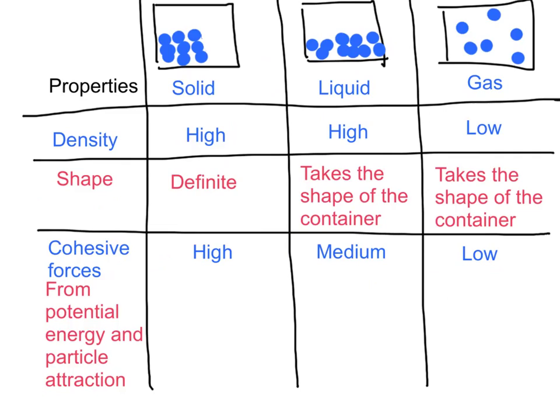They're together, they're close, they have some kind of potential energy and particle attraction. That's why they're not in the gaseous state. Gases, however, have very low cohesive forces. Because they're so far apart, it's hard for the particles to attract each other. And all the potential energy is basically gone because it's now kinetic.